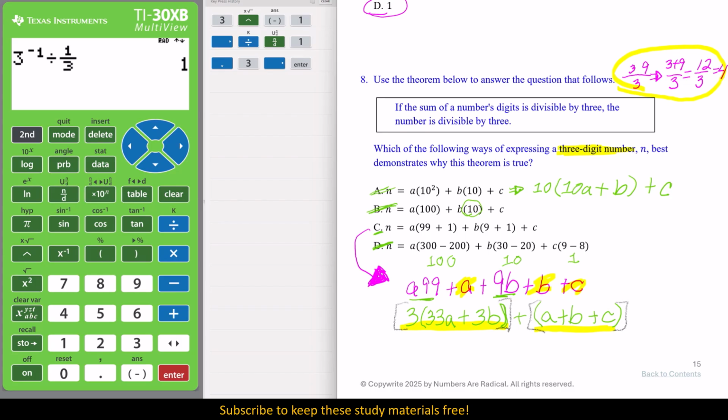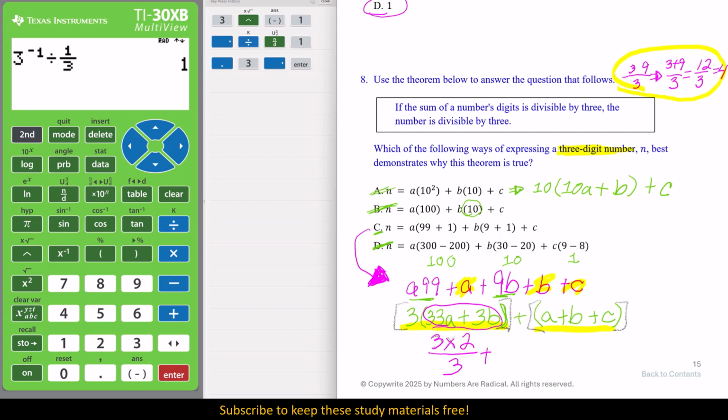Let's say that this first one could be replaced by 3 times, here, let me change back to the pink, 3 times 2. We could say that this whole thing, let's replace it with 2, just for explanation's sake. Now we can divide all that by 3.